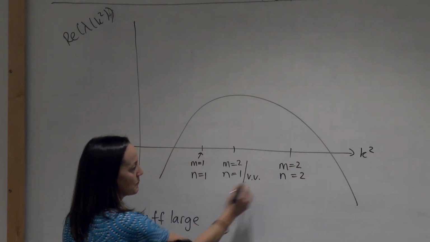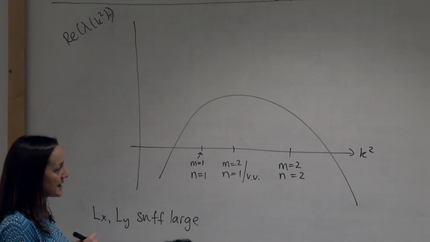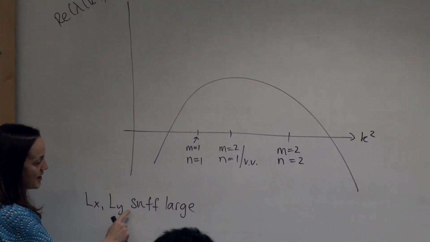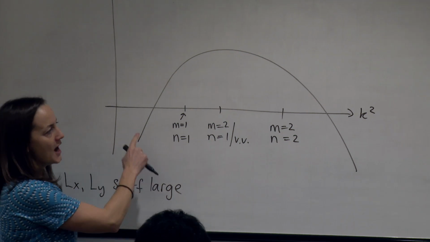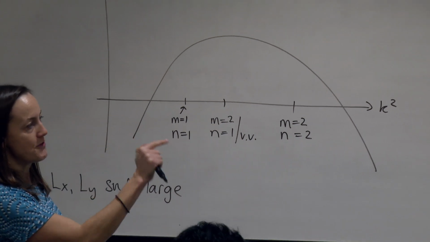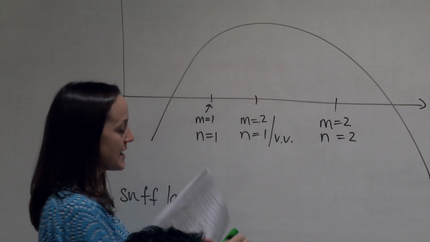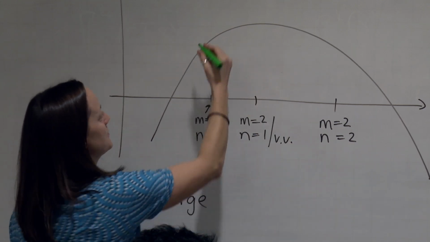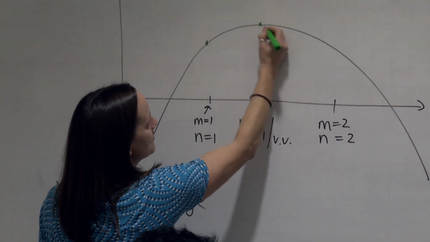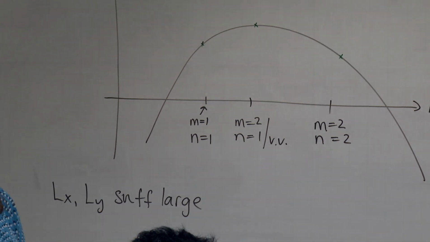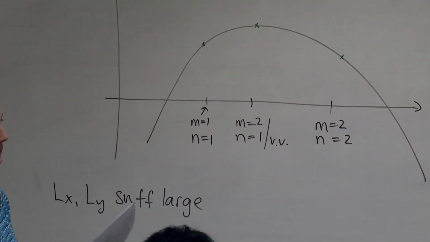Okay, so hopefully in those particular cases, the idea is that if Lx and Ly are sufficiently big, I can pick both m and n non-zero and get some values in here. And the values in here are important because they're values where the real part of lambda of k squared is positive.